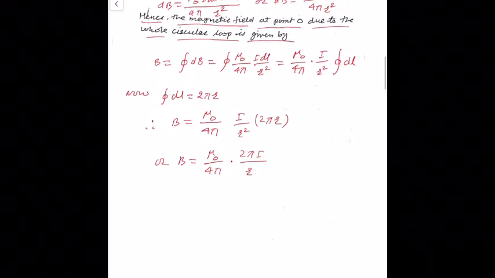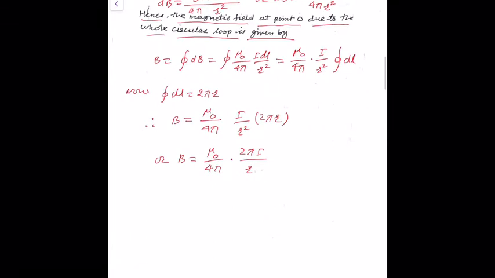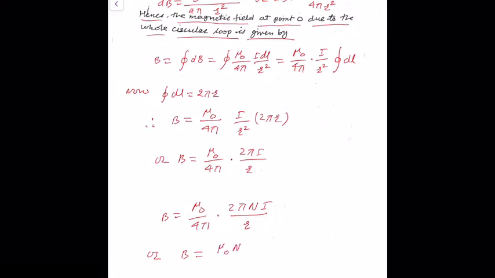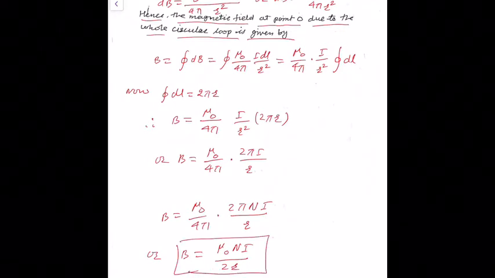In case the circular loop has N turns, then B is equal to mu naught upon 4 pi into 2 pi N I upon r, or we can write B is equal to mu naught N I upon 2 r.